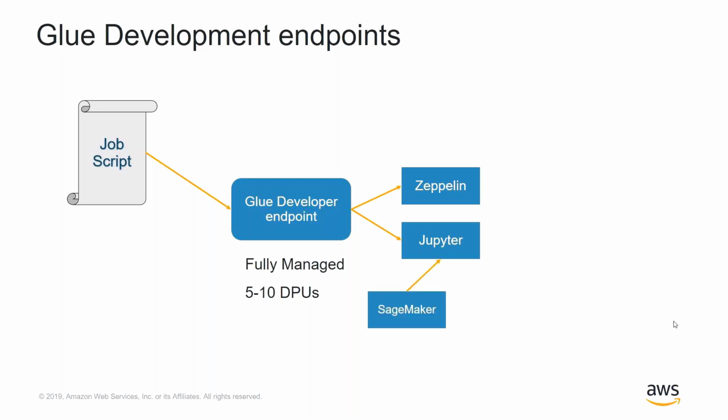Interestingly enough, the Jupyter notebook has ML capabilities when it comes to the Glue dev endpoint. This is a very cool functionality in our opinion. What we saw is that data scientists love to use SageMaker, it's our ML platform. SageMaker comes with Jupyter Notebook.